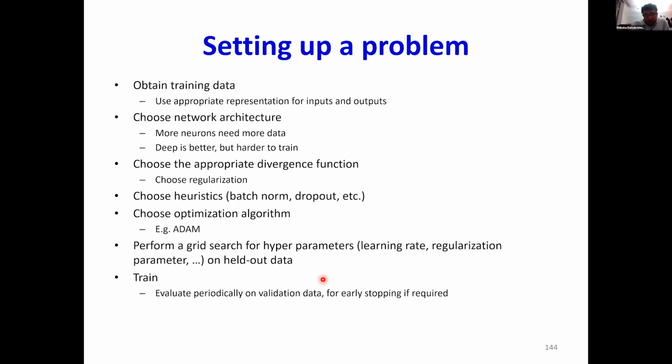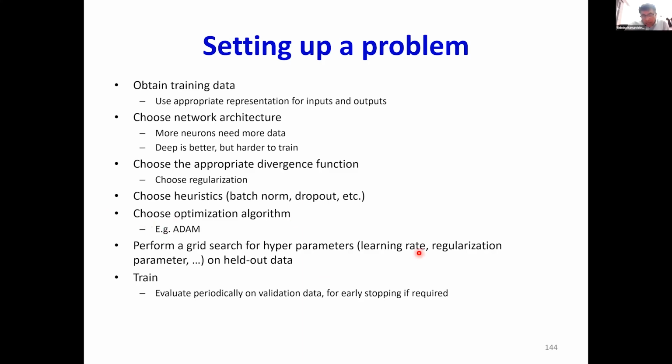And so here's how you'd set up the training problem. Obtain training data, use appropriate representations for inputs and outputs, choose a network architecture. More neurons means you need more data. Deep networks are better than shallow networks, but they're harder to train. Choose the appropriate divergence function. Choose a regularization. Choose your heuristics, batch norm, dropout, whatever. Choose your optimization algorithm, for instance, Adam.